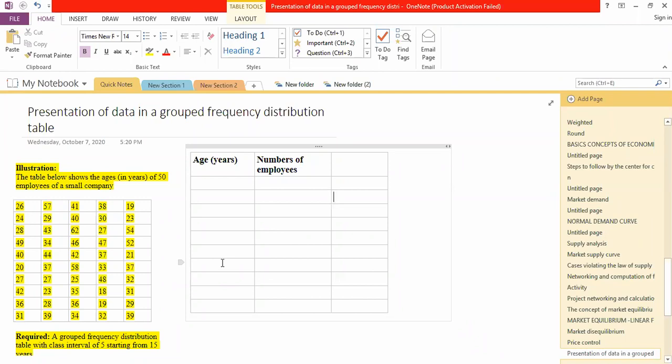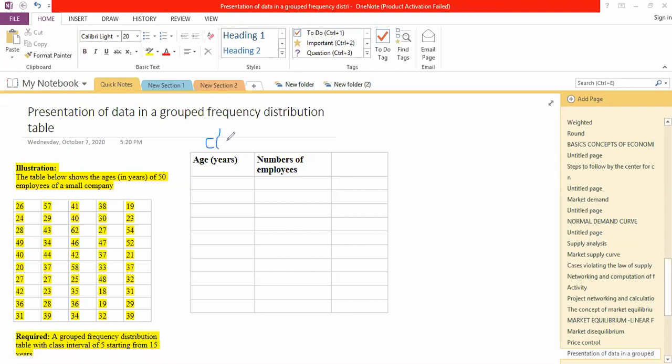And then on this other column, normally called the frequency, we are going to represent with the ages between this and that, how many employees are there. And that is what I want us to do together. From there, we guide on how maybe to do the calculations. So the first column here does represent the class.